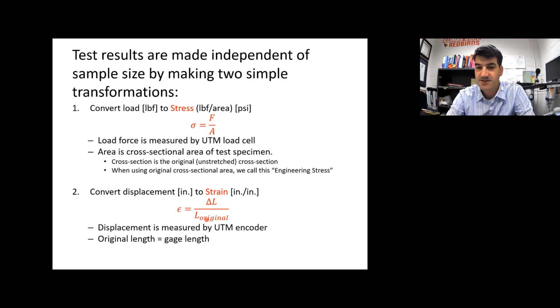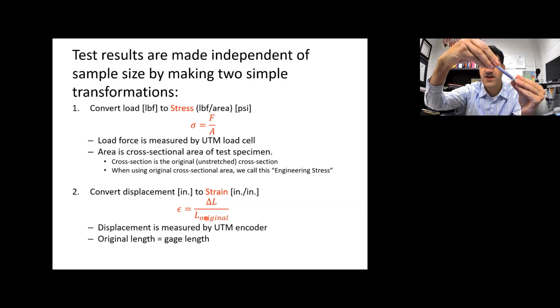One more thing to mention here, when we talk about the original length, what we're talking about on this specimen is actually what's called the gauge length. And the gauge length is this test section of the material. So when we do this part right here, what's going to happen is the grips are going to grip on right here and right here. And these sections here and here, these aren't really going to stretch very much at all.